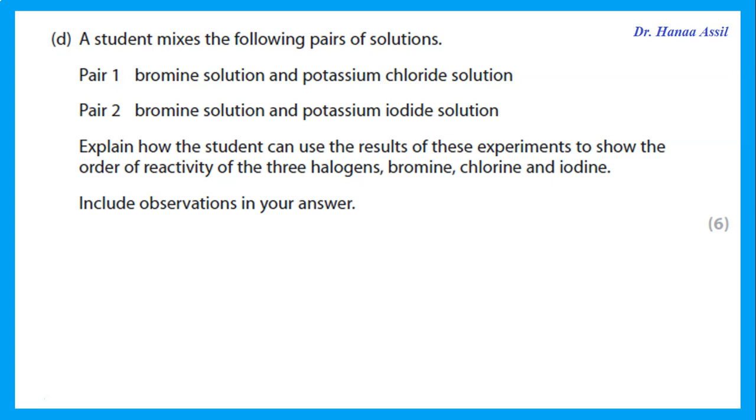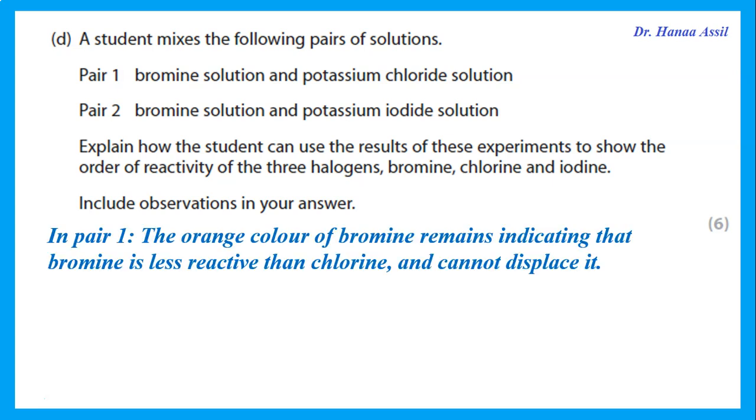If there is no reaction, then the halogen added was less reactive. So if we look at pair 1, we're adding bromine to potassium chloride. Do we expect it to react? Well, if you look at group 7, we said in group 7, the one up is more reactive than the one down.